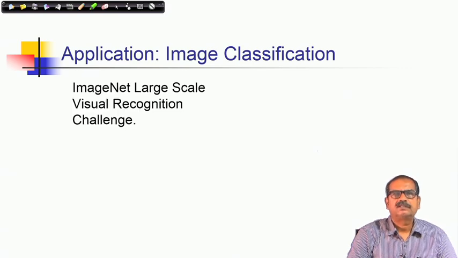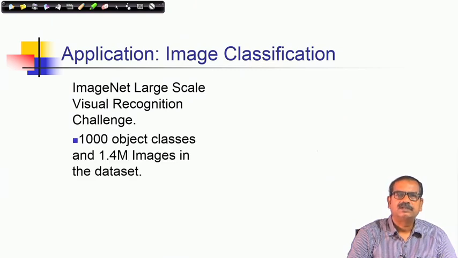One of the applications is image classification, and there is a data set, the ImageNet large scale visual recognition challenge data set, which was created for testing and improving classification algorithms. For a long time, researchers have been working on this data set and reporting their performance on it.